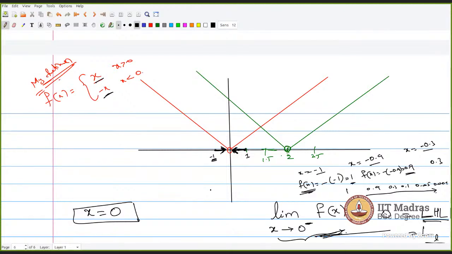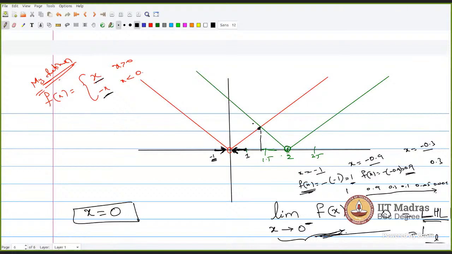Suppose instead of x equal to 0 we say 1.5. At 1.5 the value of the function will be 1.5, and the limit at 1.5 will again be 1.5, because it will be going towards 1.5 from both directions. So in this line, whatever is the value of f of x, that will be the limit at that particular point.